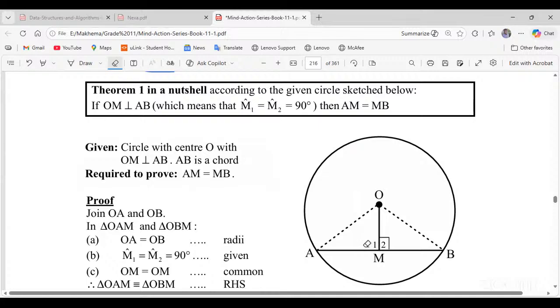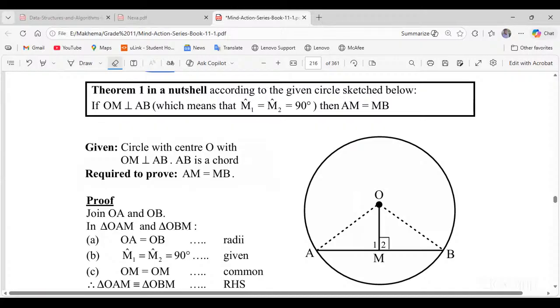Then AM is equal to BM, because OM bisects AB. Bisect means you cut something into two equal parts. So if we say OM bisects AB, we mean OM cuts AB into two equal parts. Therefore, AM will be equal to MB. I hope that makes sense.